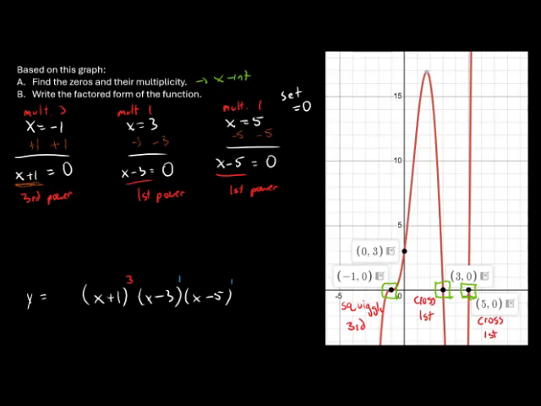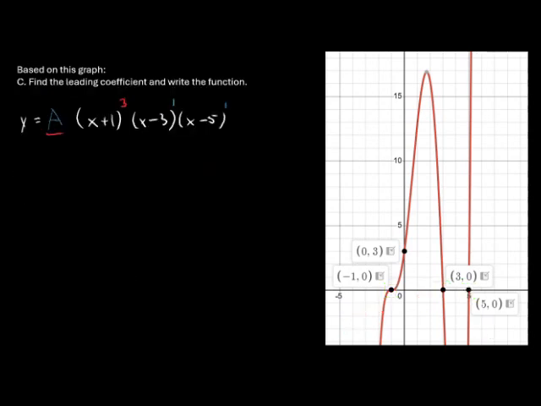The only thing missing from this polynomial is a leading coefficient. We don't know what the leading coefficient is yet, so we'll place an a in front. To complete writing the polynomial, we'll have to find what a is. To find a, we'll have to substitute something in for the y and all of the x's.